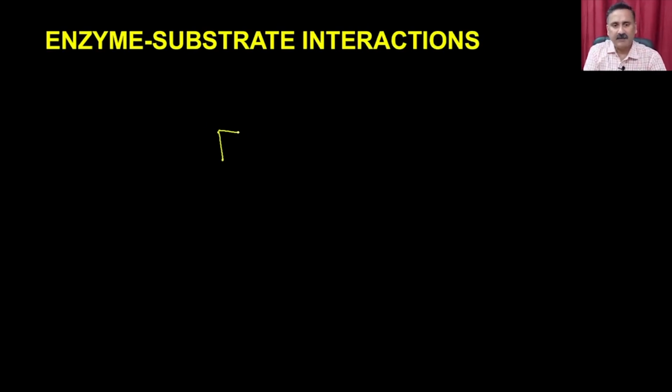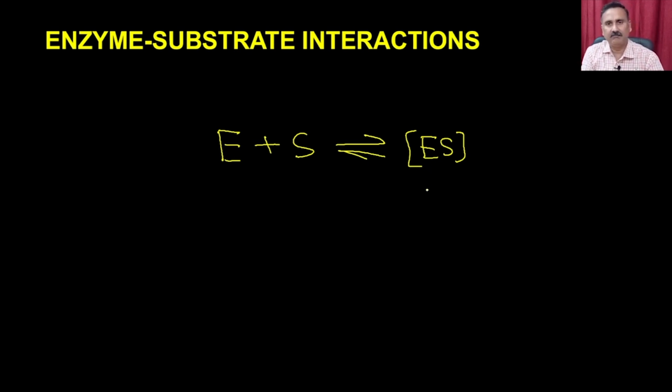So while the substrate is interacting with the enzyme and making a complex like the ES complex, at this stage it is making a lot of modifications to the enzyme structure. It is changing the mass or the size of the enzyme.